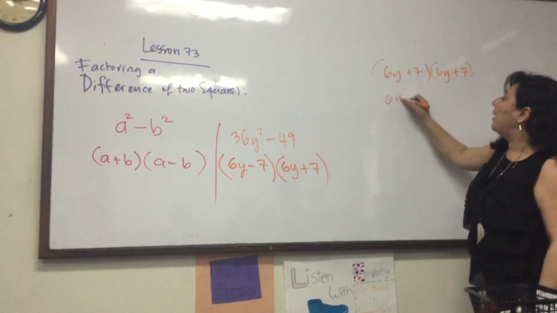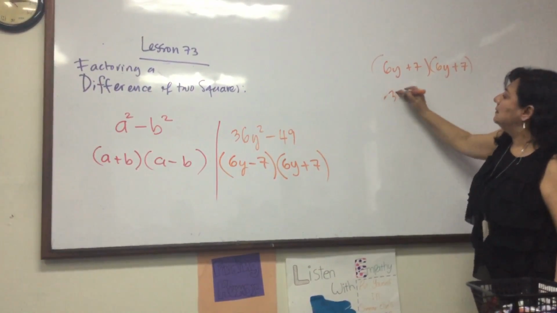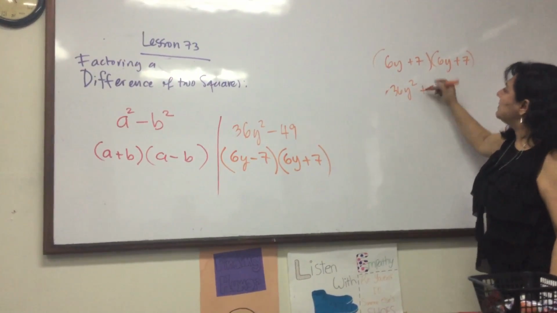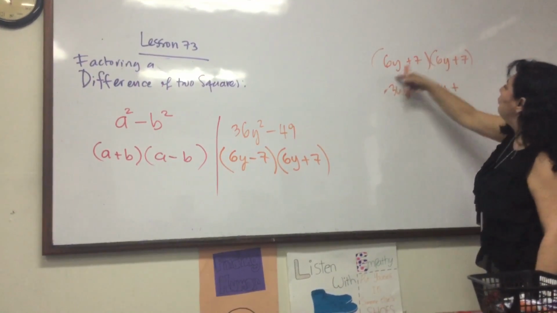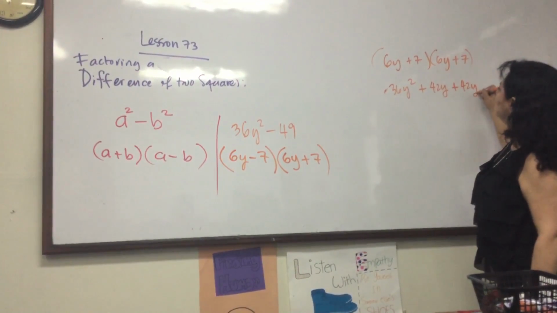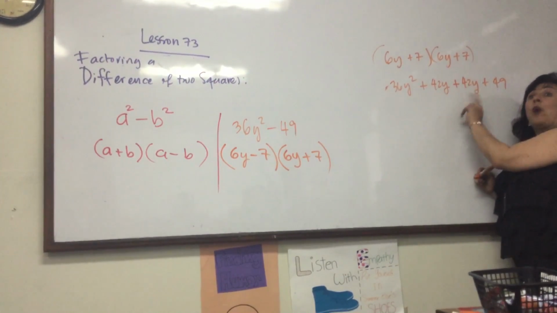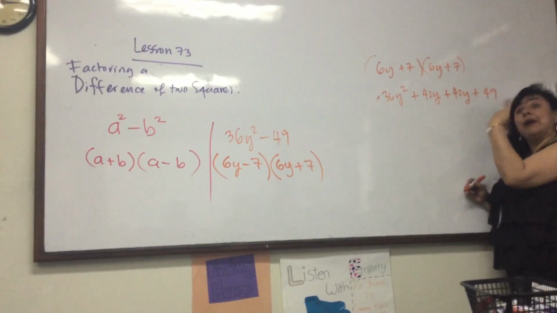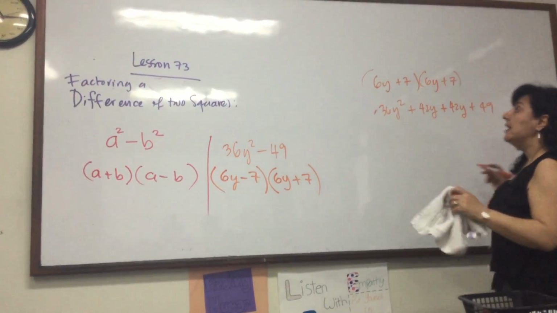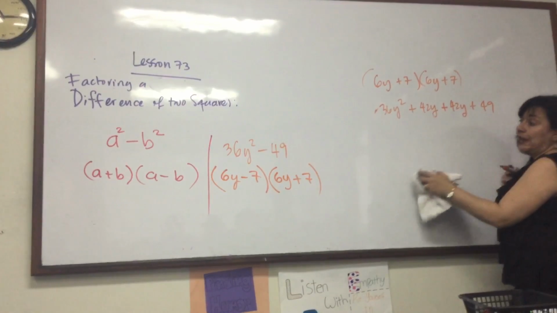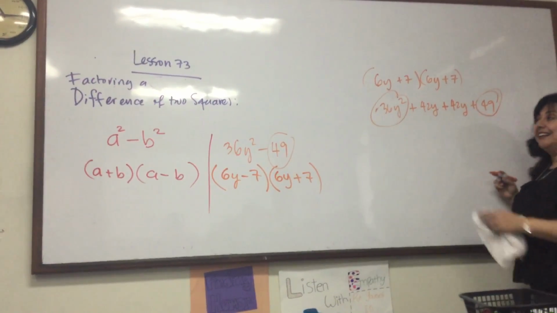I would get 36y squared plus 42y plus 42y plus 49. They will just add and stay. You will just have twice of these instead of them going away or adding up to 0. That's why it's got to have a different sign, so that you are left with only this one and this one.